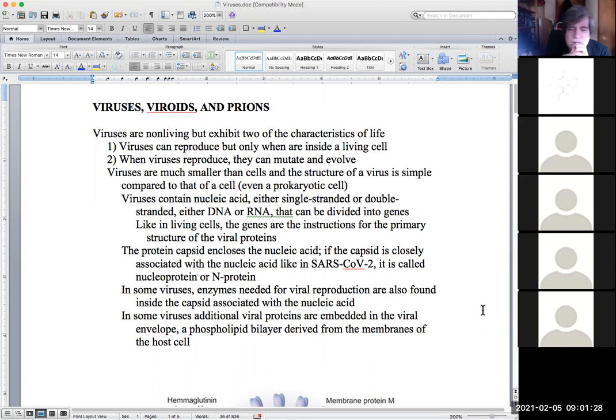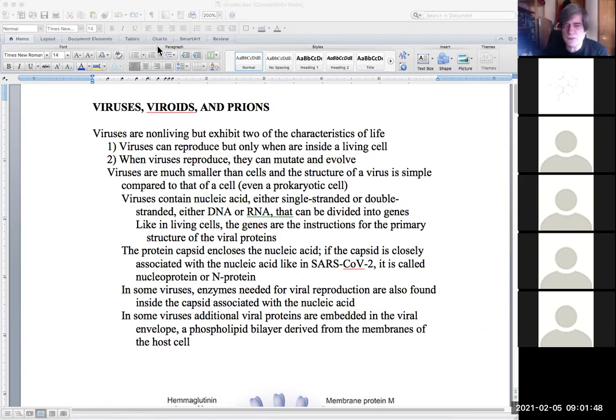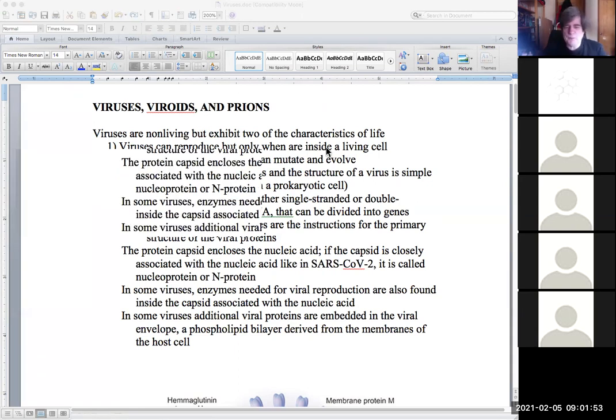The reason this is kind of an unusual topic for this class is biology is the study of life, and viruses and viroids and prions are non-living. They're not alive. However, they do affect living things. All three of them can cause diseases. And so that's why we're typically interested in them when we study biology.